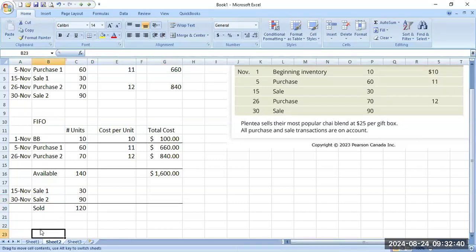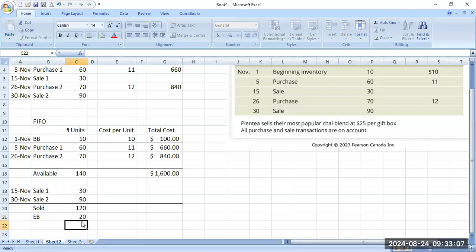Now the question is, how many are left? How much is my ending inventory, ending balance of my inventory? If I have available 140 and I sold 120, most likely 20 left.